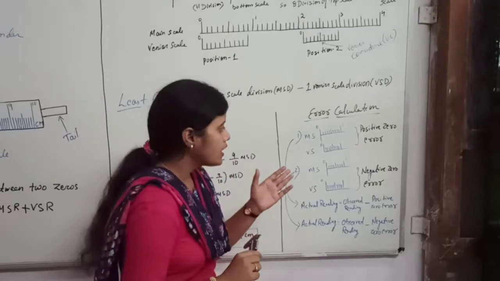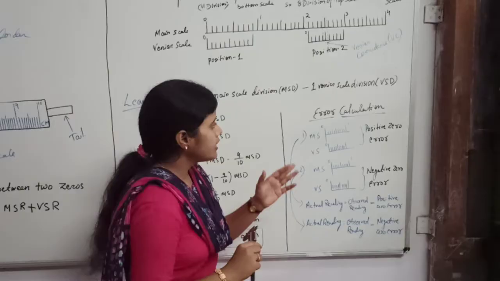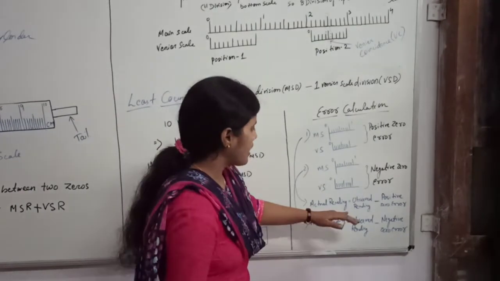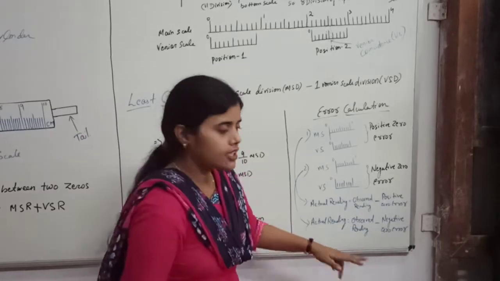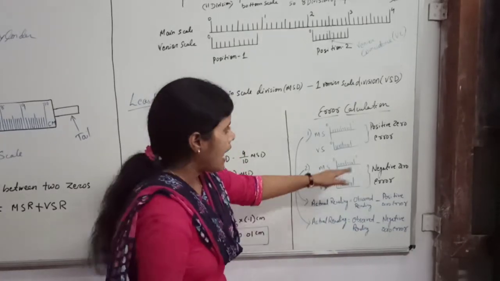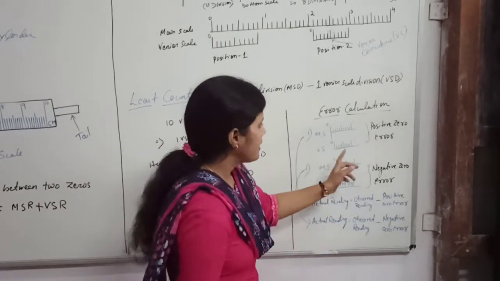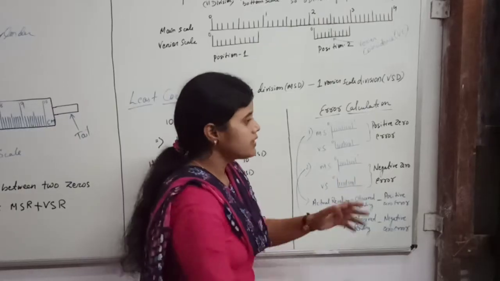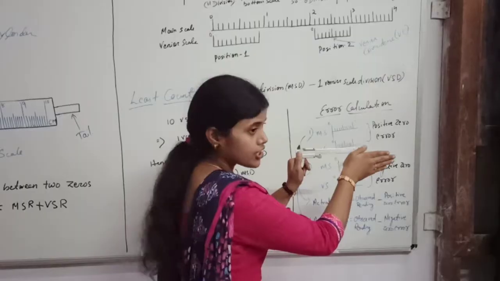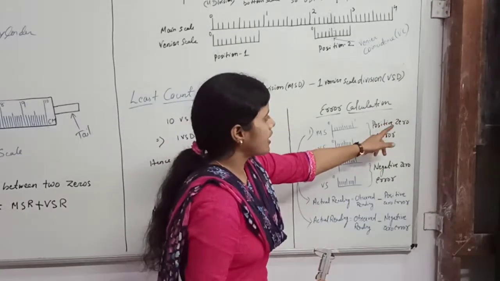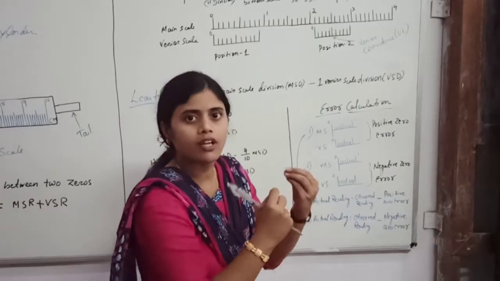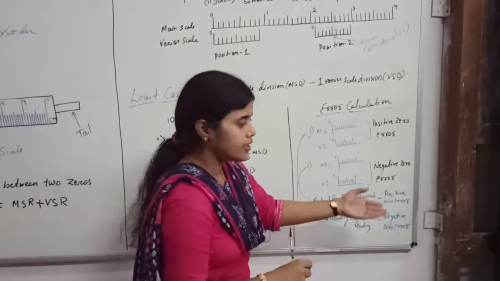So in case of positive error, the formula is for the actual reading, because the final answer will be our actual reading. As this contains positive zero error, that means some extra reading is coming, right? Positive means it is a little bit in this direction, so this error is giving some extra reading to our observed length.